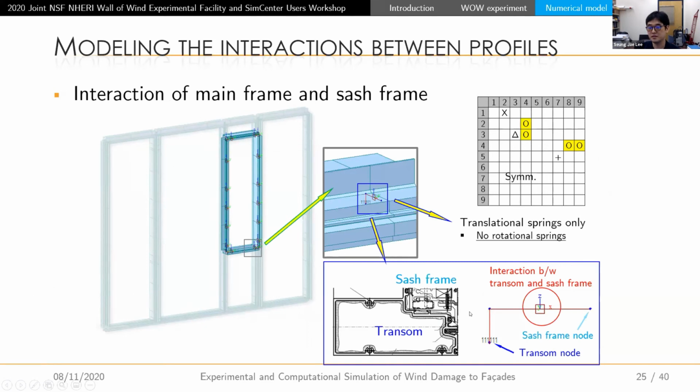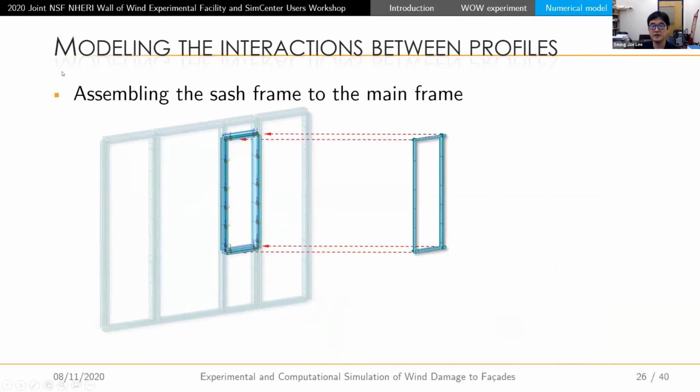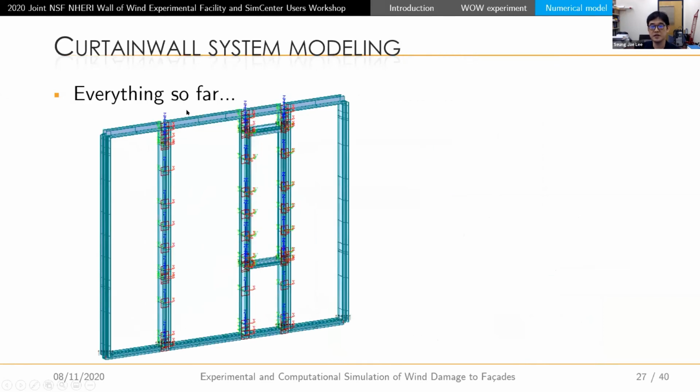In this particular case, we didn't model the rotational spring because we couldn't anticipate rotation resistance between these two. But anyway, we basically use the same approach, and in the end, we could assemble the chassis frame to the main frame. So this is everything so far: the configuration, and the springs modeling the interaction.